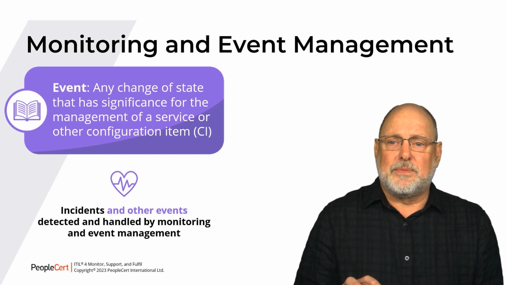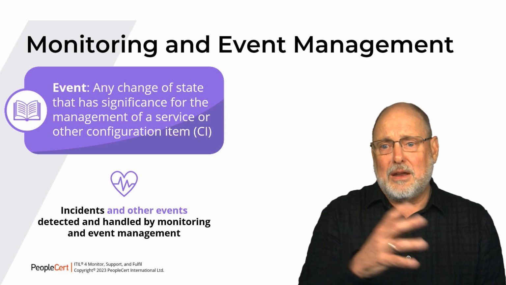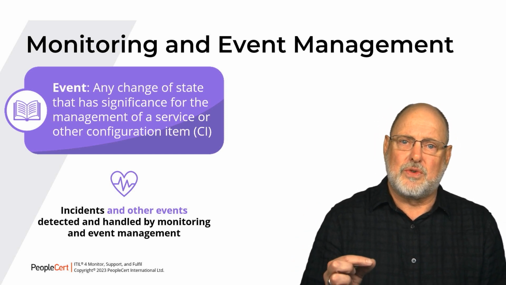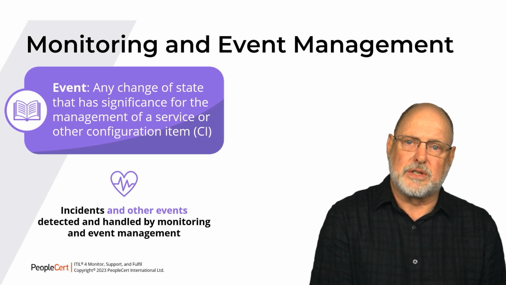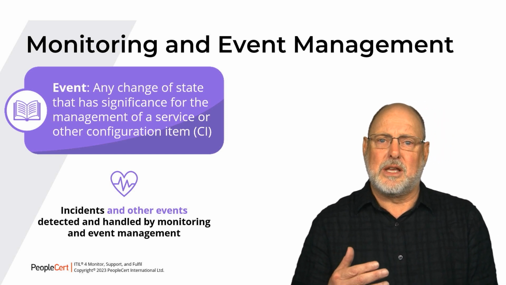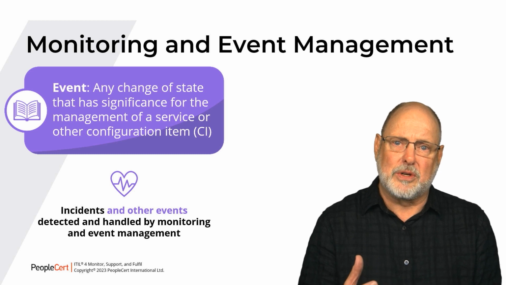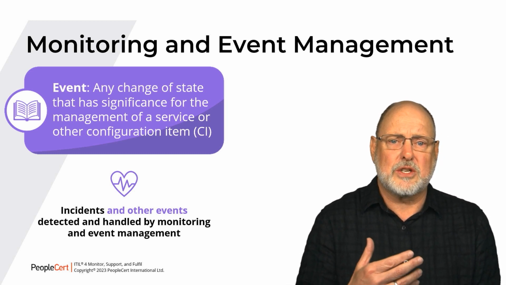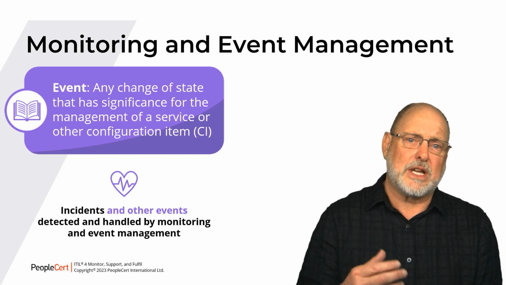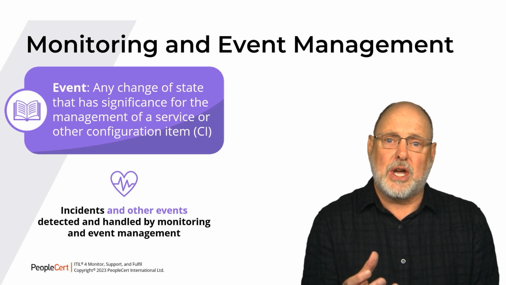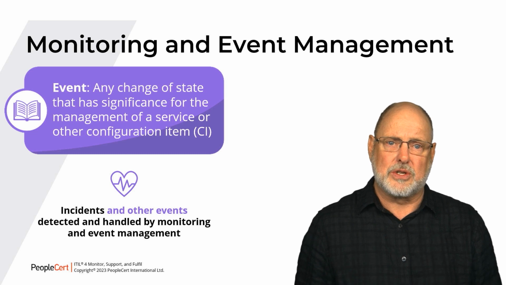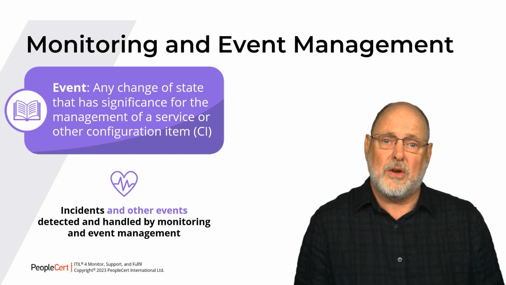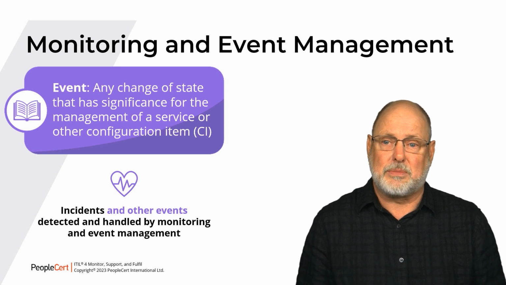Monitoring and event management may detect situations which represent a disruption to service. So, for example, they can see that the performance of a particular component is unusual. It may be way slower than usual, in fact, to such an extent that if unchecked, it could result in a disruption to the service. Or it may even detect situations where services are already disrupted.